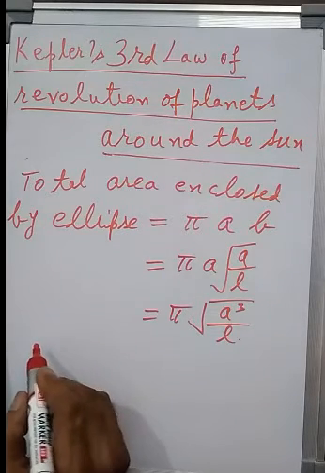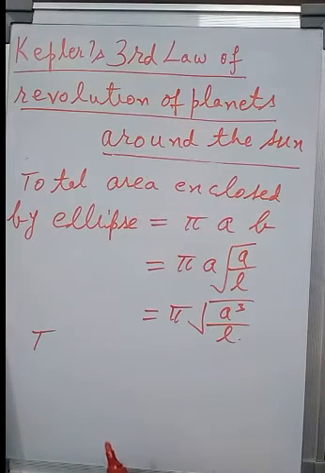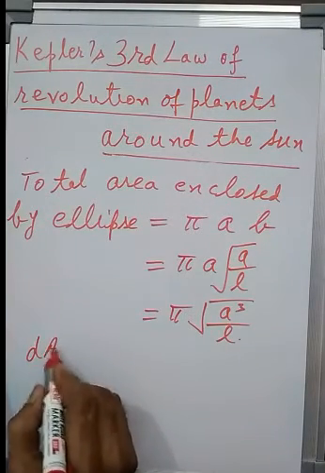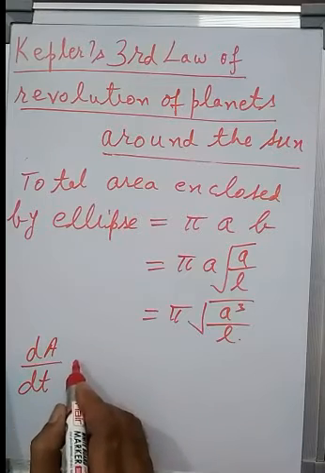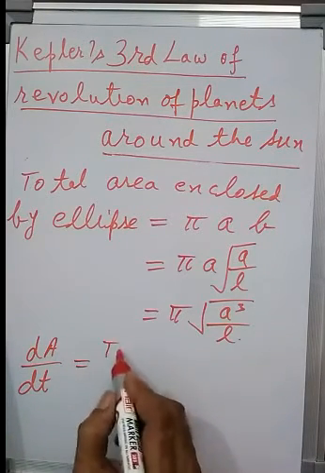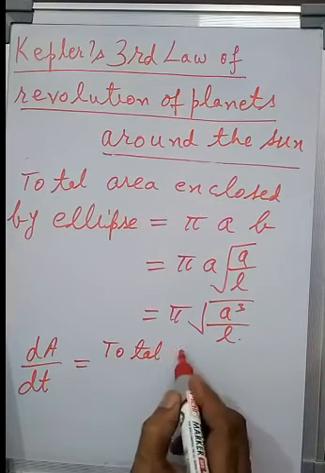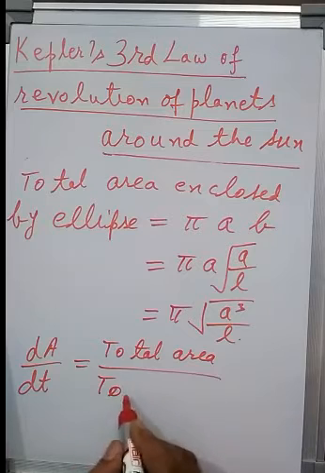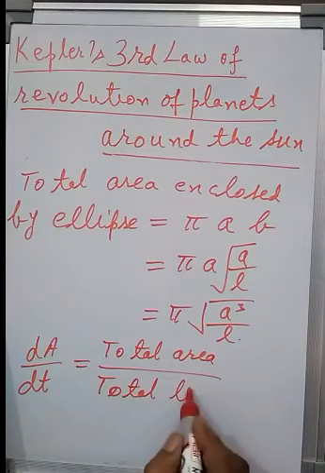If T is the time period of revolution of the planet around the Sun, then the areal velocity can be calculated as dA upon dt. This is the areal velocity, areal speed, meaning total area upon total time.